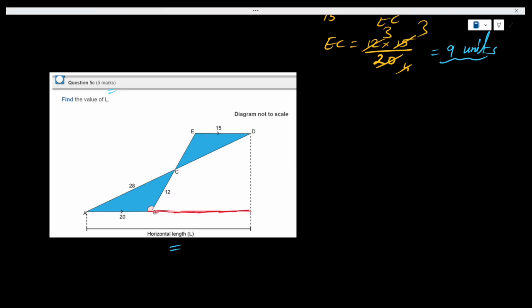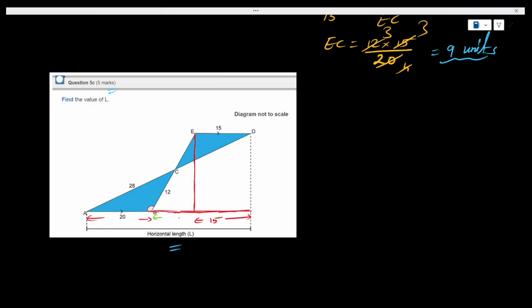Now if you see this part, you can see here this length is known, and from here also if I take this length, because the opposite sides are equal. So this part is here 15 units, this part is here 20 units, and I need to find out the unknown length, which is x.